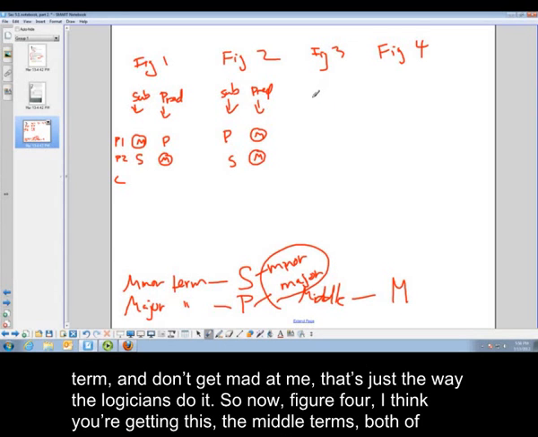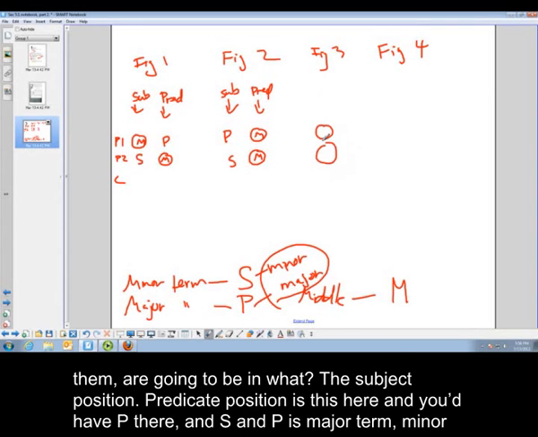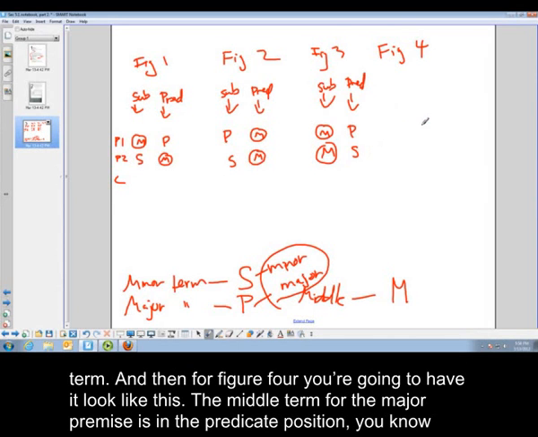So now figure 4, I think you're getting this. The middle terms, both of them are going to be in what? The subject position, right? Predicate position is this here, and you'd have P there and S, and P is major term, minor term. And then for figure 4, you're going to have it look like this. Okay, the middle term for the major premise is in the predicate position.